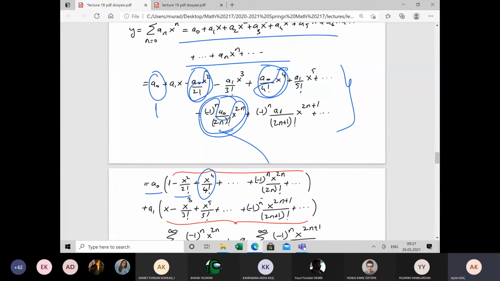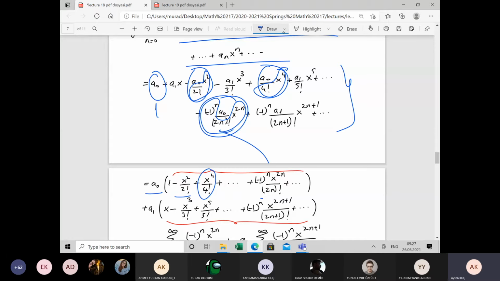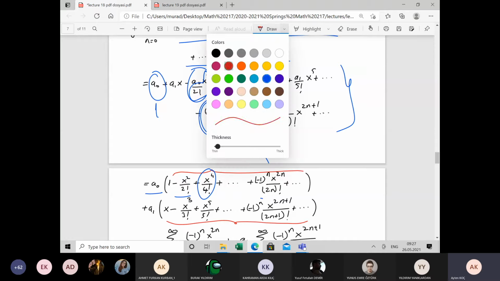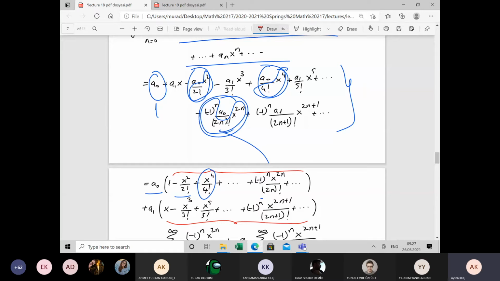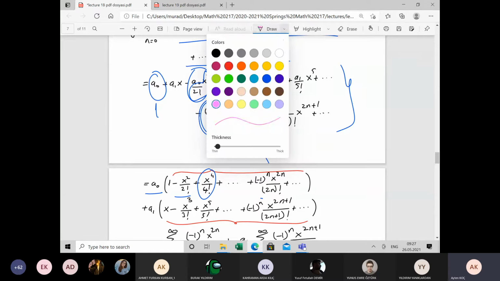This one, and the other parts contain a1, so use a different color. Maybe an appropriate one will be better.